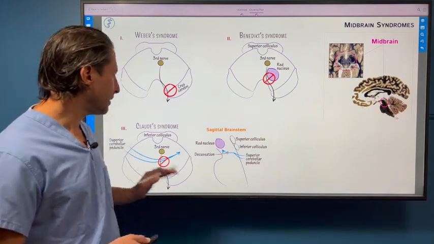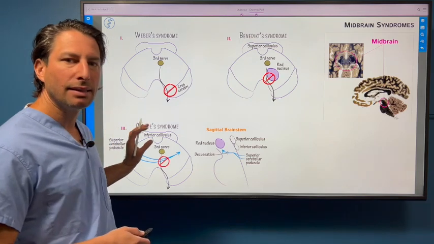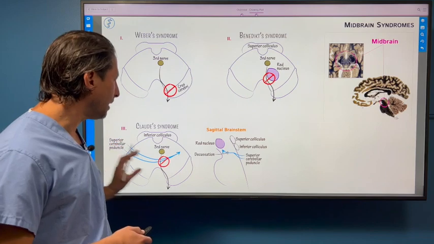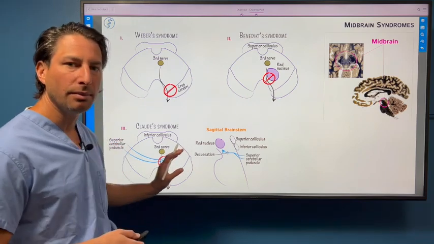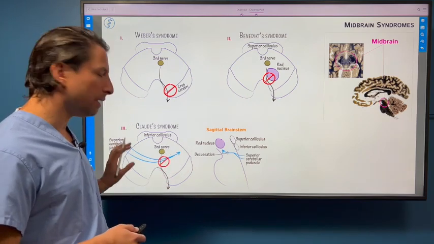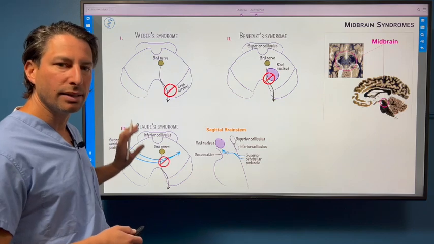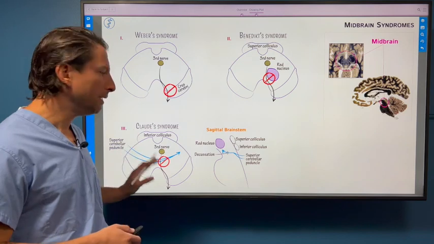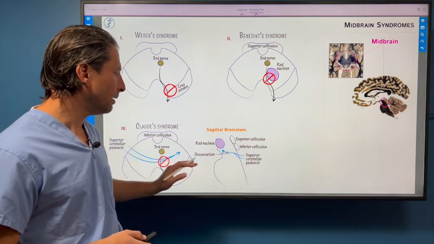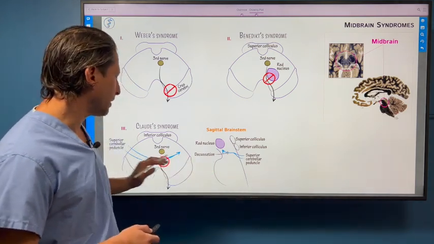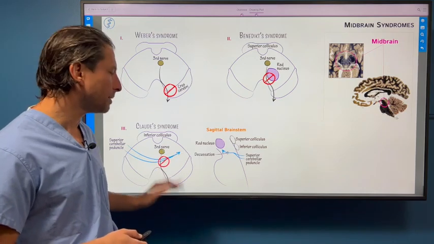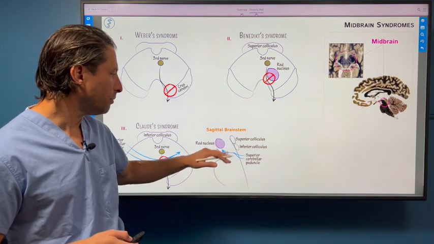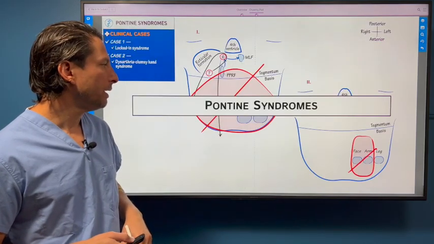This gets into the fact that the cerebellum has ipsilateral innervation, but these fibers are coming from the opposite cerebellum. So they're coming from this side of the cerebellum here, so the ataxia is going to be on this side. And that's an important thing to pay attention to, is the fact that it's a contralateral ataxia with an ipsilateral third nerve. And then again, the key point is that this is below the level of the red nucleus.